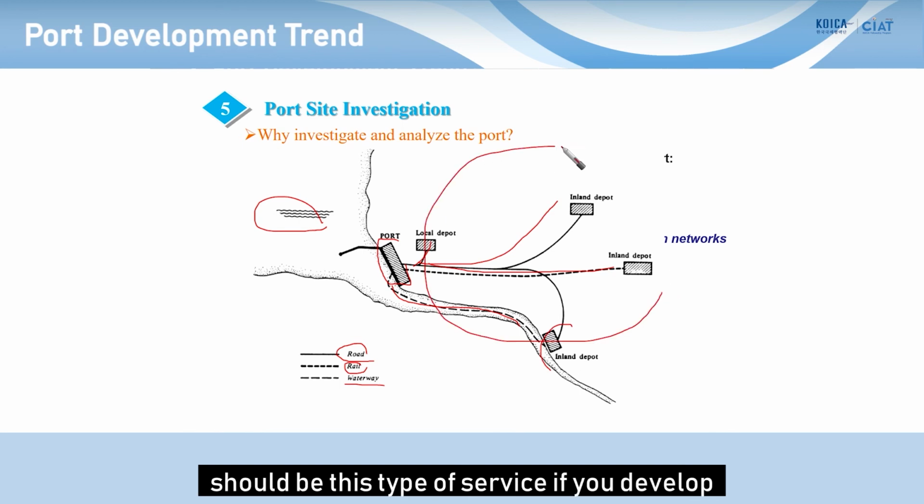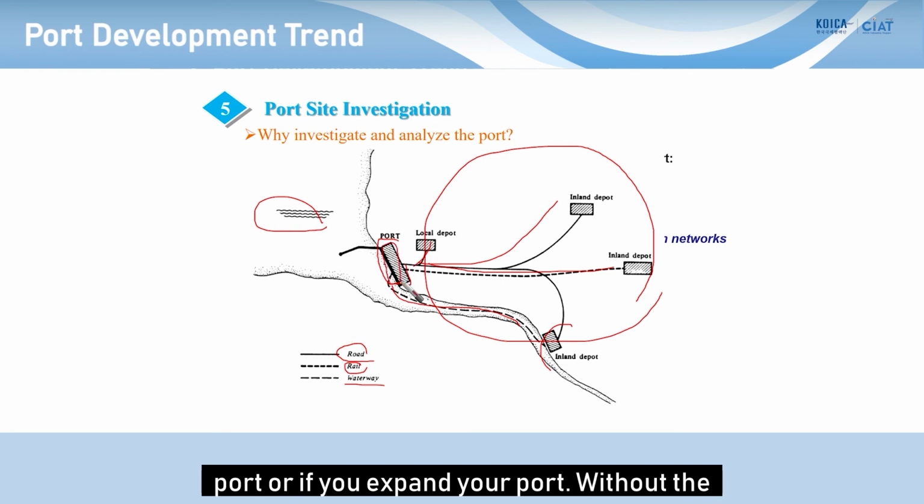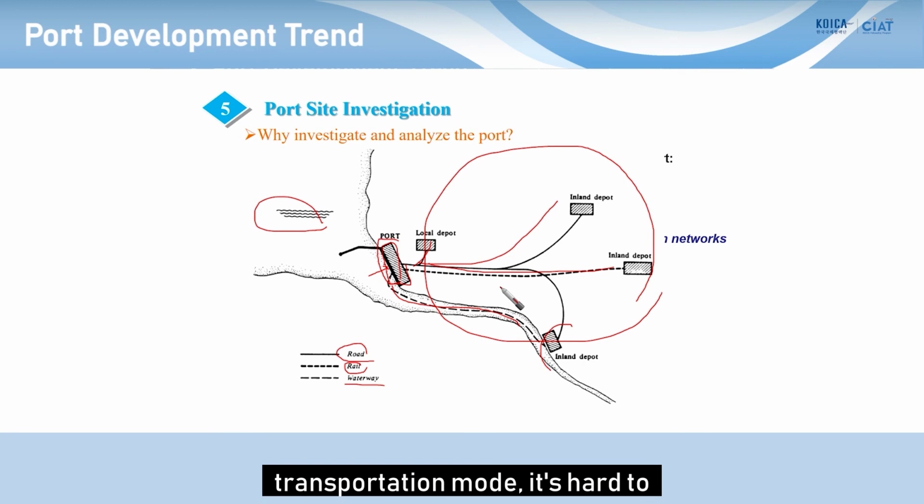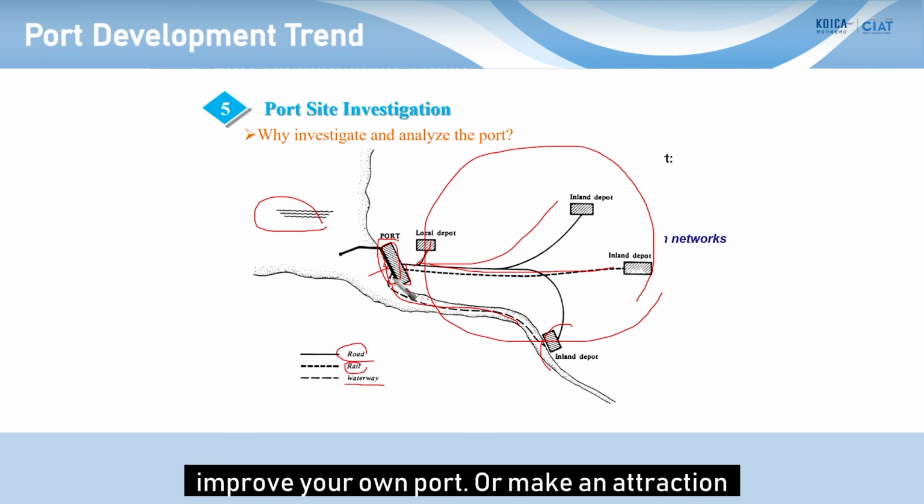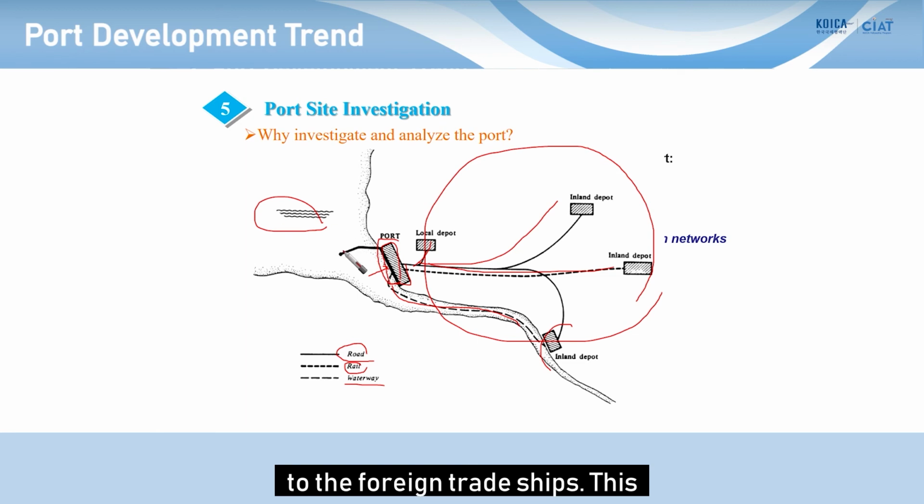So there should be this type of service if you develop a port or if you expand your port. Without the strong connection and distribution of the transportation modes, it is hard to improve your own port or attract foreign trade ships.